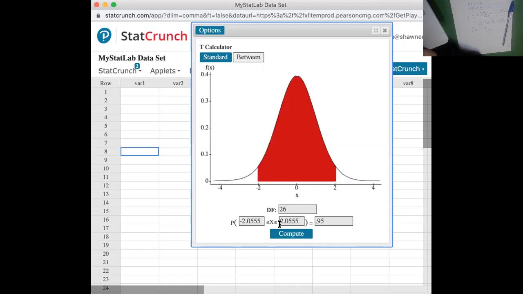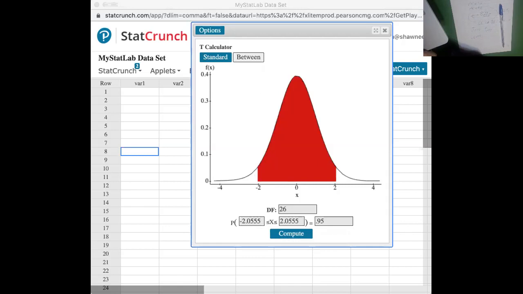So this is the critical T star, 2.0555, and it's symmetric, so minus T star, right? Minus 2.0555 and plus it. So let's go back to the problem.